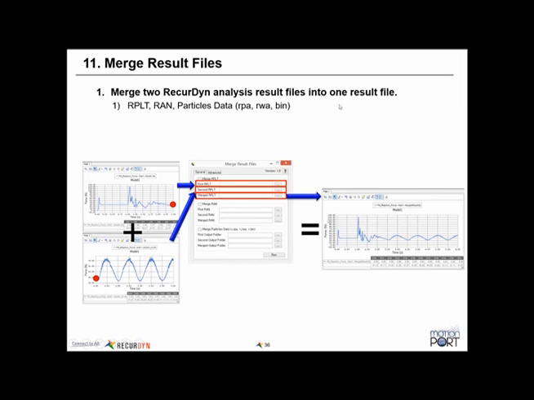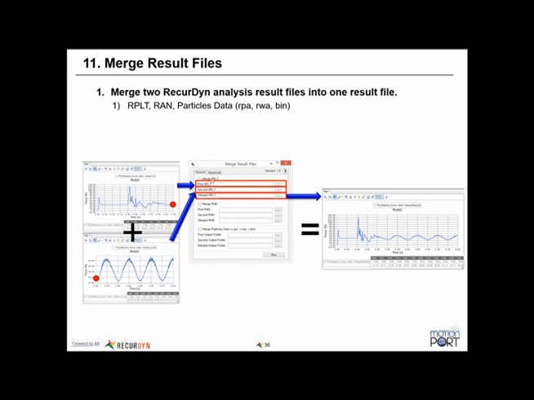Sometimes it's appropriate to run the simulation in pieces. With the initial conditions file, you can run a simulation to a certain point, then restart later from where you were and keep going. Then you have two sets of outputs and separate animations. But now there's new capability built into the user interface to merge results files together.